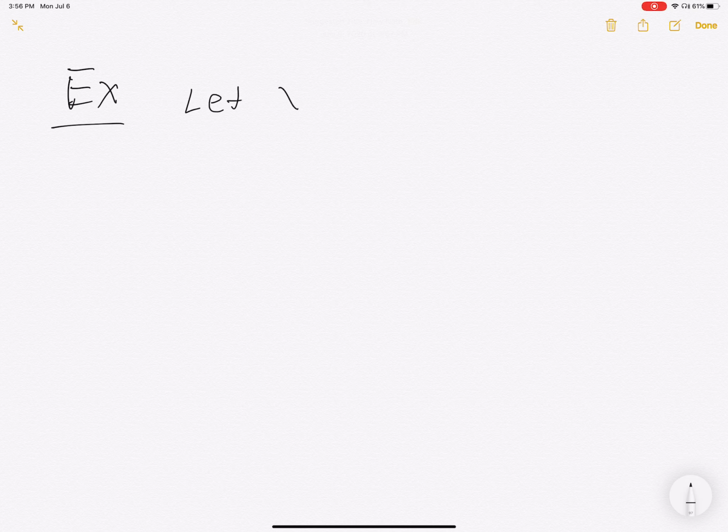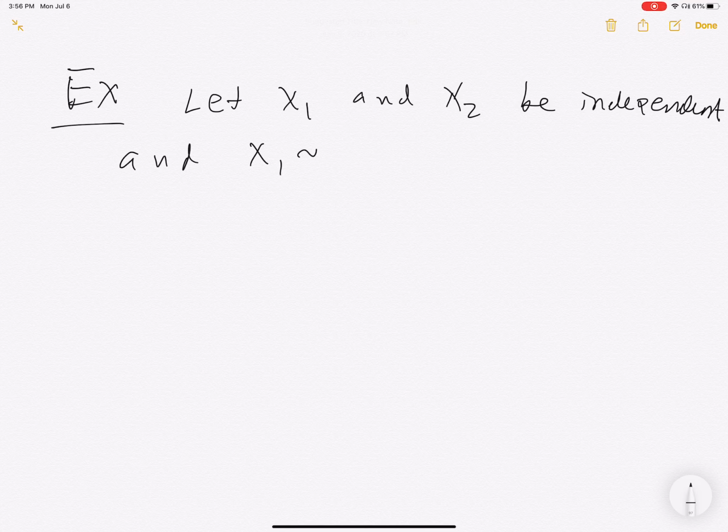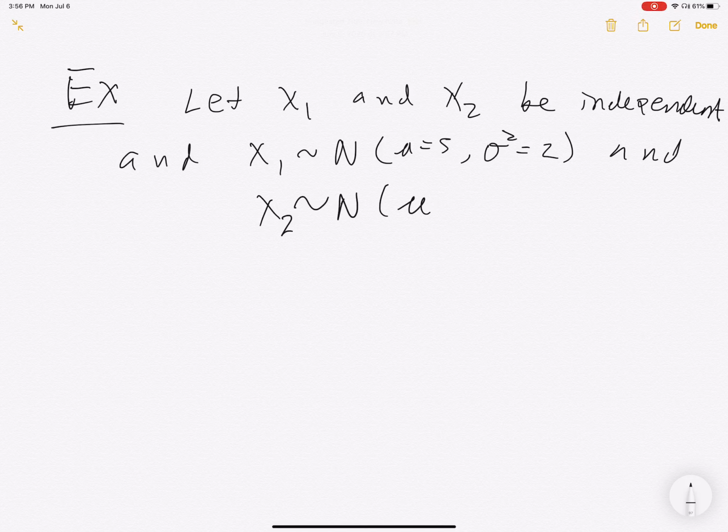So let X1 and X2 be independent, and we're going to have X1 normal with mu equals 5, variance sigma squared equal to 2, and X2 is going to be normal with mu equal to -3 and variance sigma squared equal to 3 as before.